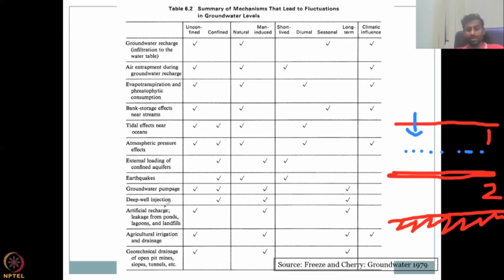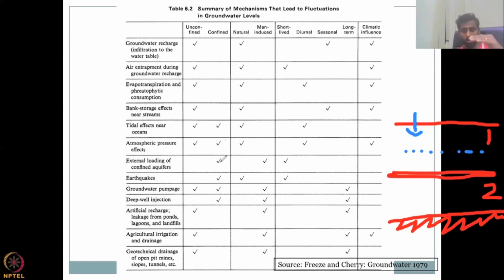External loading of confined aquifers. So you have unconfined and confined aquifers, but external loading can happen. You can put pressure on the aquifer, and as the name suggests, it is only going to be in the confined aquifer layer. As external loading happens, it can happen naturally, but only once.